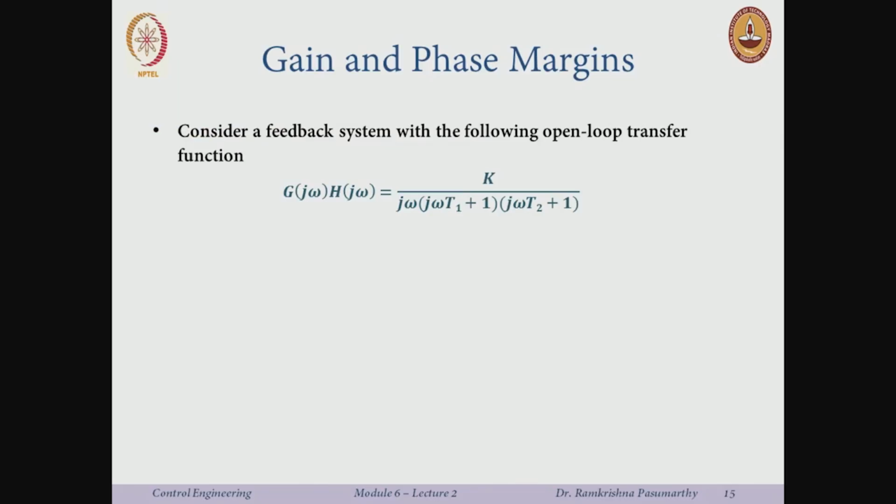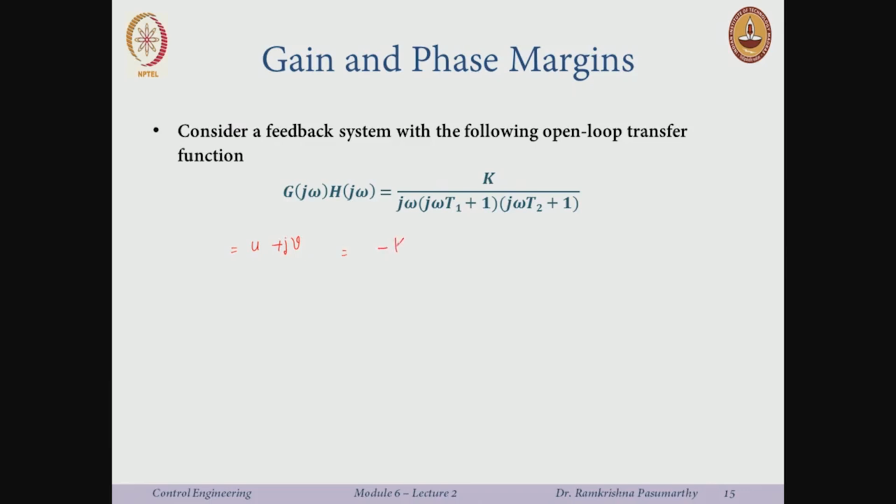So, I have a system of the form, well, I have a pole at the origin and then two terms, j omega T1 plus 1 and j omega T1 T2 plus 1. So, I can split this into the real and the imaginary part.